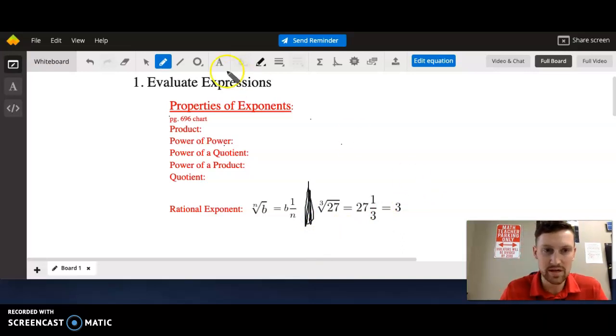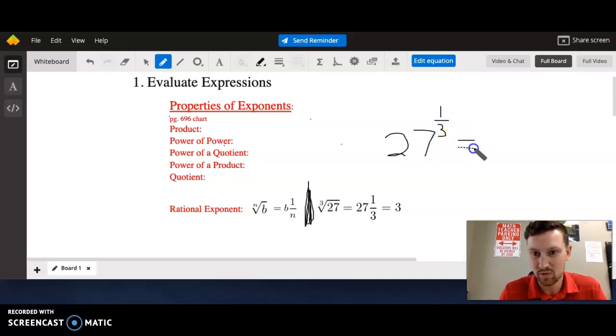Why does it equal 3? Let's try another. Where's my regular marker? There it is. Draw freehand. 27 to the 1/3, right?